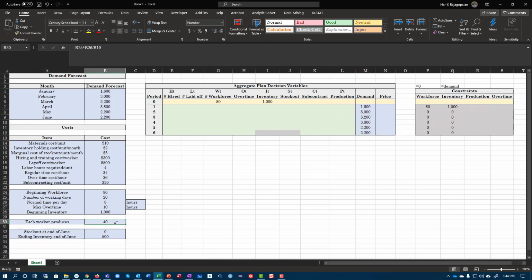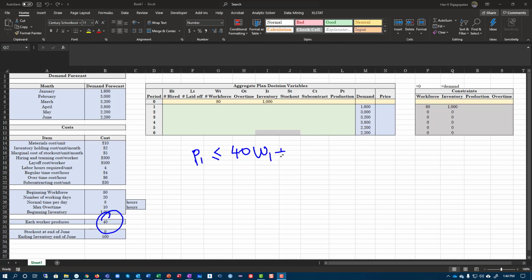Each worker produces 40 units a month, and this cell tells you how many units. Let's write it out. Production P1 is less than or equal to 40 times W1. And then you're going to work overtime. Overtime here is number of hours.